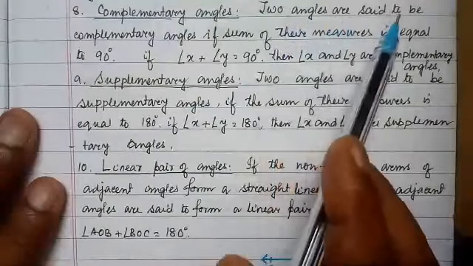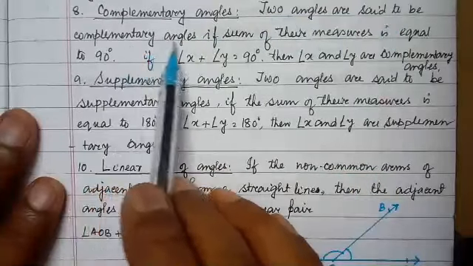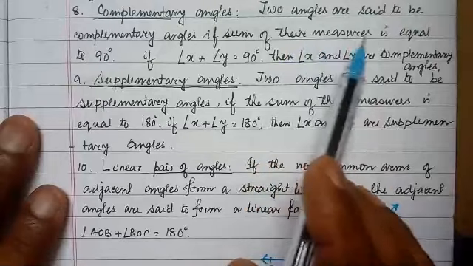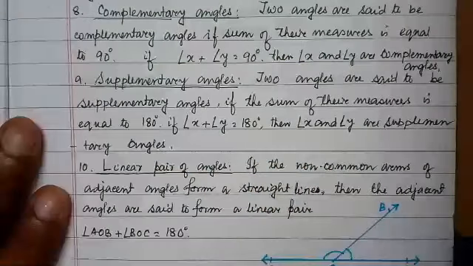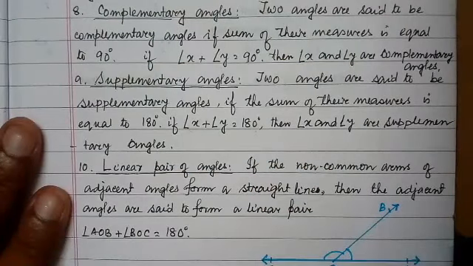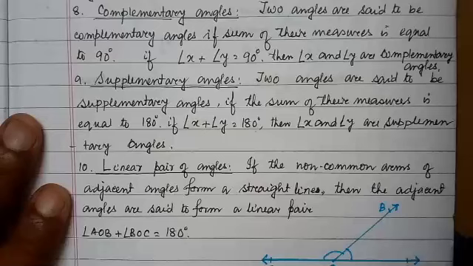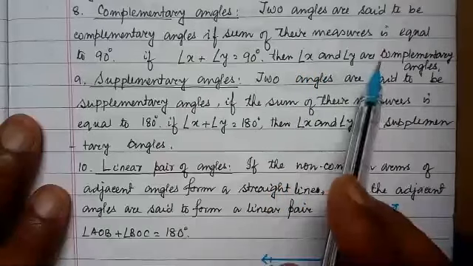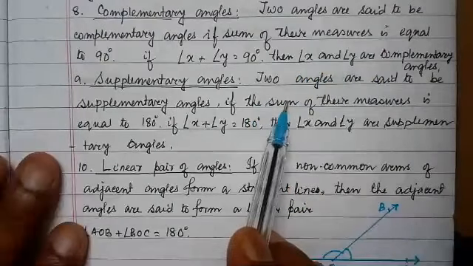Two angles are said to be complementary angles if the sum of their measures is equal to 90 degrees. That is, if X and Y are two angles such that angle X plus angle Y is equal to 90 degrees, then angle X and angle Y are complementary angles.